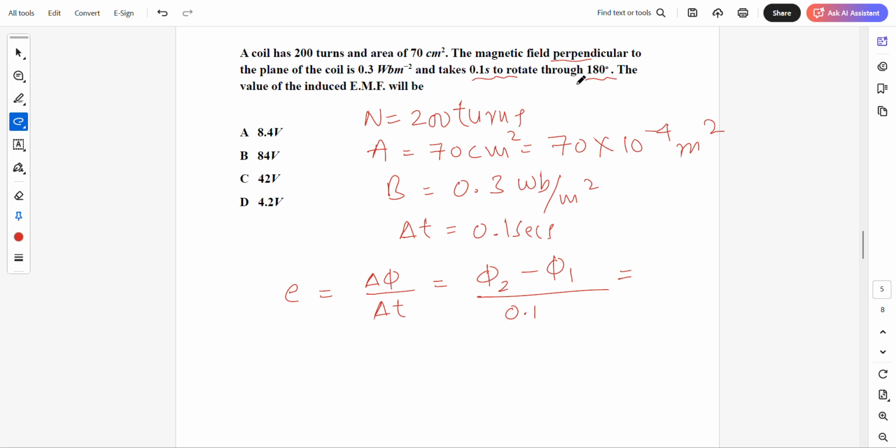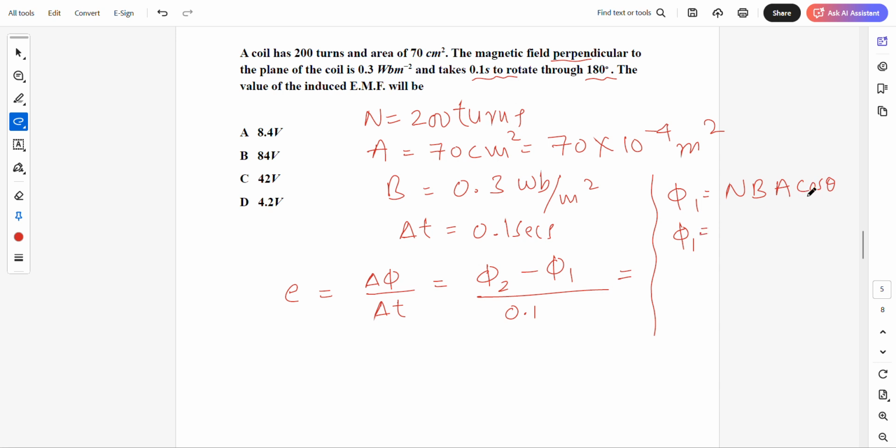It rotates through 180 degrees. Earlier, how much was phi 1? This time we have to use the formula NBA cos of theta. How much is phi 1?